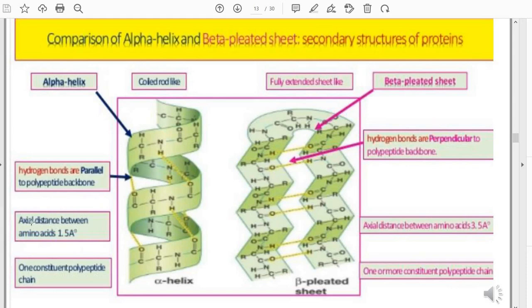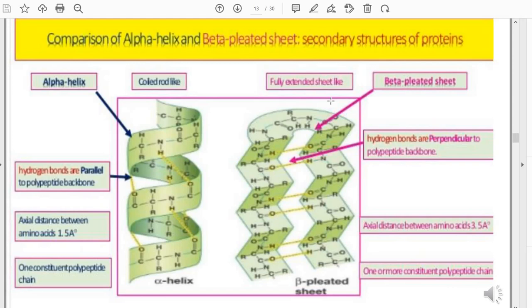The axial distance between the amino acids is 1.5 angstrom in the alpha helix, and in the beta pleated sheets 3.5 angstrom. The alpha helix is formed of just a single polypeptide chain twisted, but the beta pleated sheets can be one polypeptide chain twisted into segments, or more than one polypeptide chain.